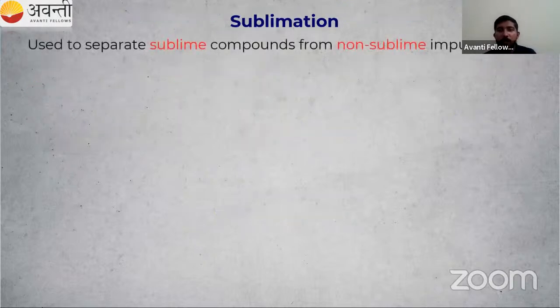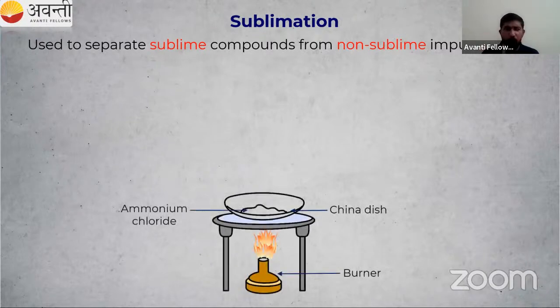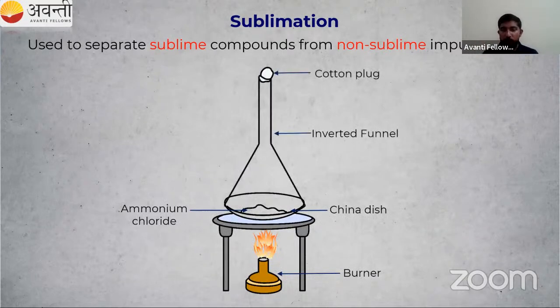What is sublimation? JNV Rajkot students have already given me the correct answer. It is used to separate sublime compounds from non-sublime impurities. For example, I'm taking ammonium chloride, an example you have studied in 8th or 9th. There is a burner, then a China dish.